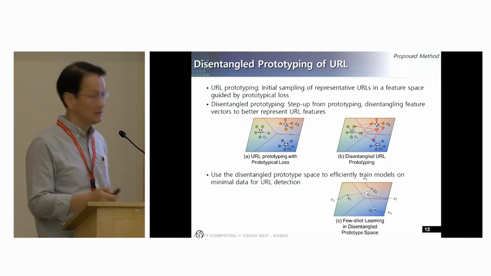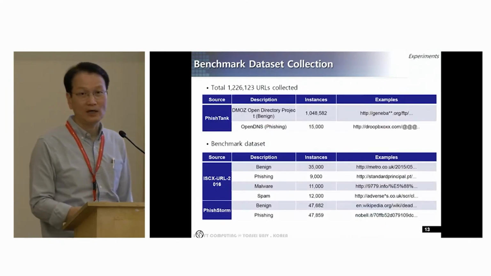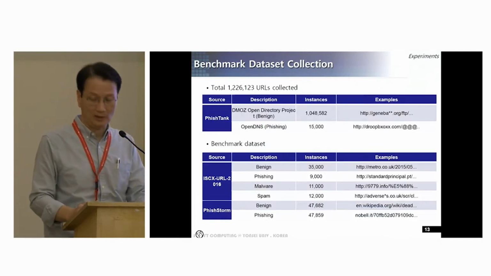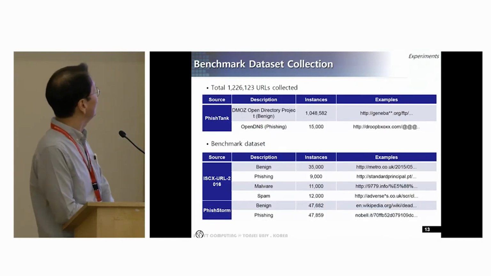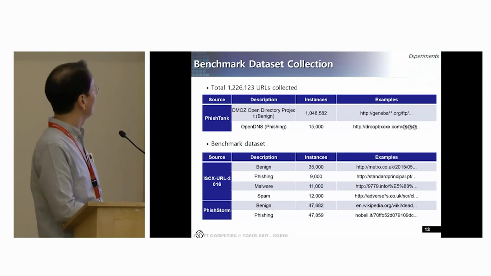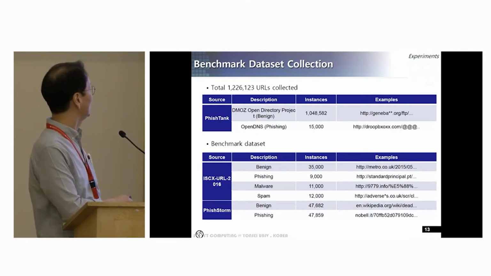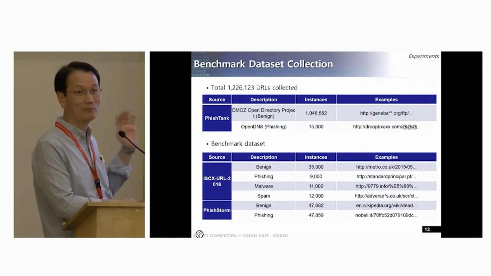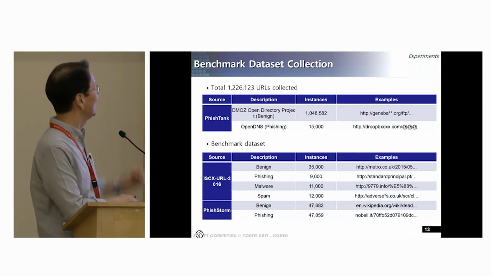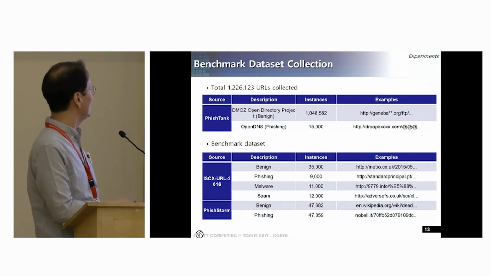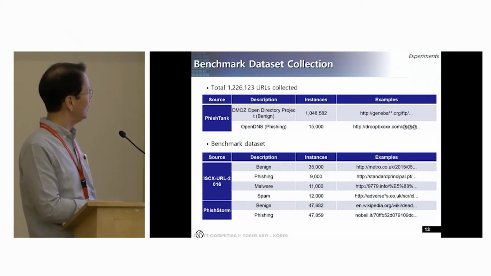That's all. We wanted to evaluate our method with some well-known benchmark data sets. First, we collected quite a lot of data, 1.2 million URLs from PhishTank, which is quite a popular repository of data sets. We also use the benchmark data sets ISCX and Phishing, which also have a well-controlled number of samples.